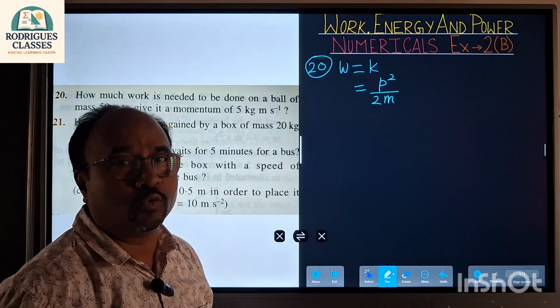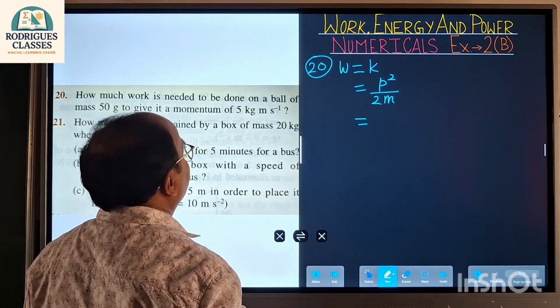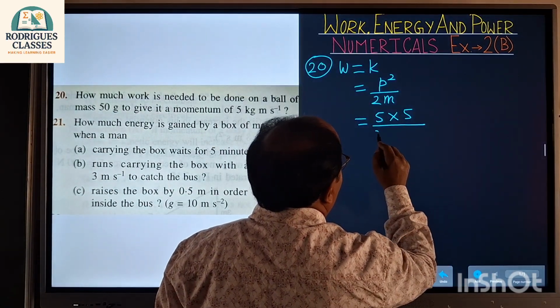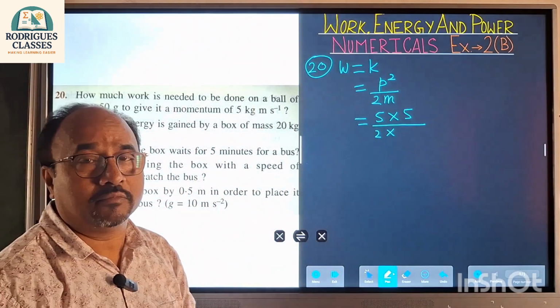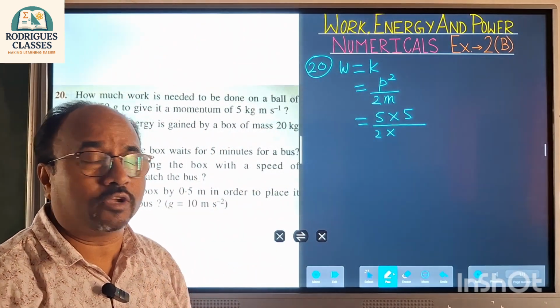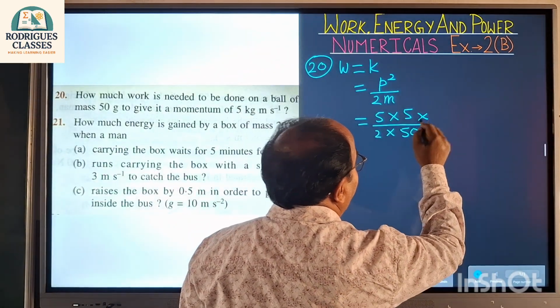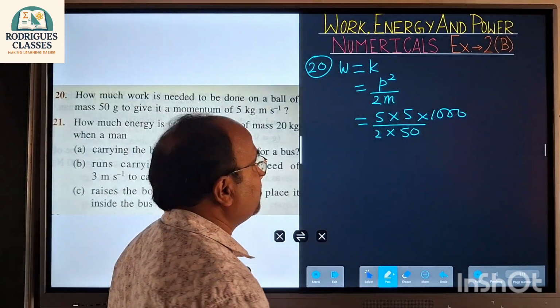P square by 2M. So here the momentum is given to us as 5. So 5 into 5, 2 into mass, which is given to us as 50 gram. So that has to be converted to kilogram. So we write here 50 by 1000. That 1000 I can write in the numerator. Now let us simplify it.